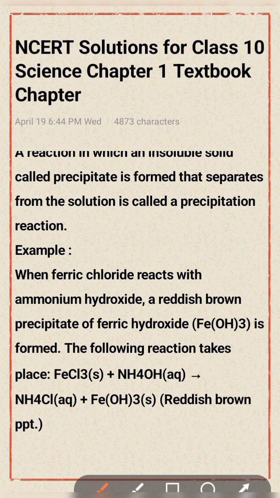The following reaction takes place: FeCl3 solid plus ammonium hydroxide NH4OH aqueous forms ammonium chloride salt NH4Cl aqueous and ferric hydroxide Fe(OH)3 solid. This is the precipitate product, reddish-brown.